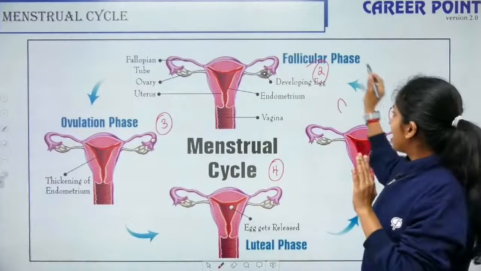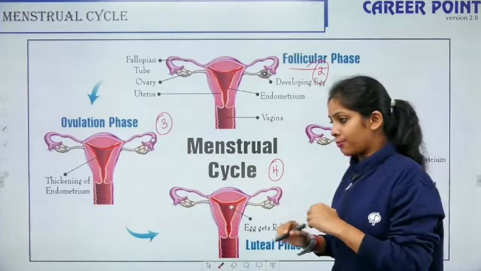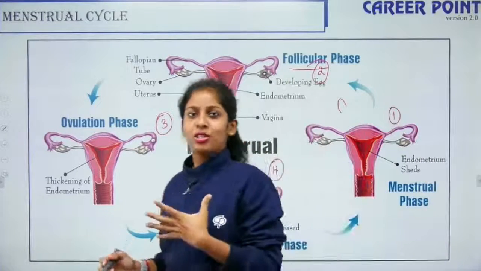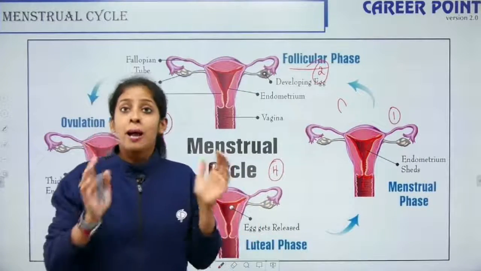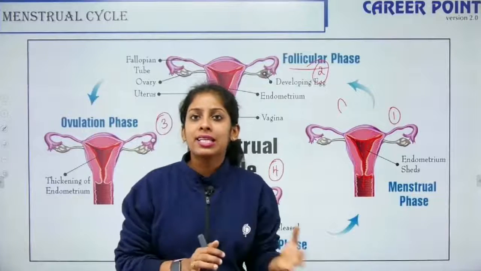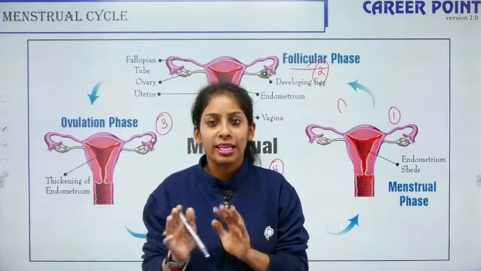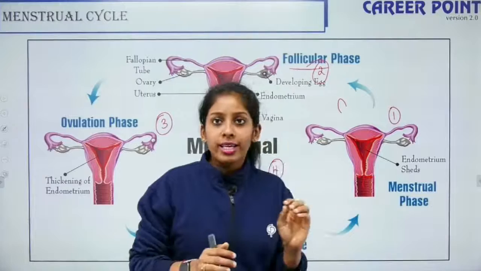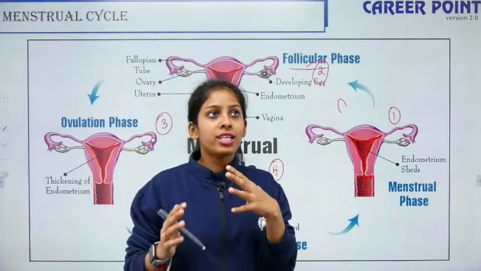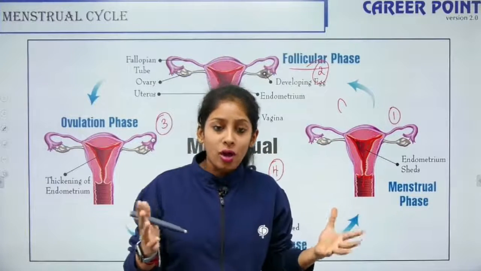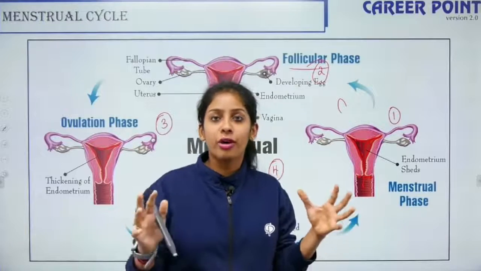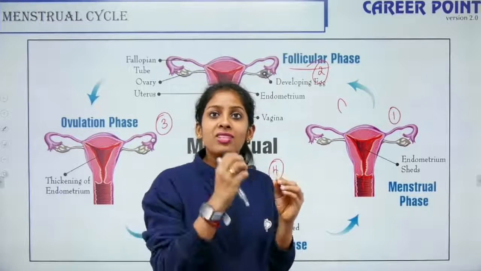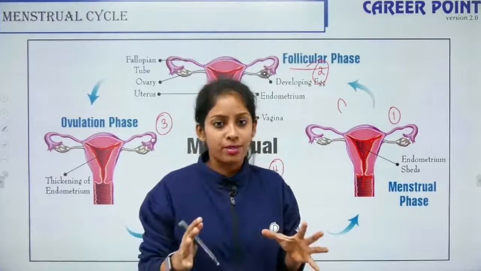Clear? Now the next phase is the follicular phase. Anything that is damaged takes time to heal, and anything that is damaged undergoes a process called healing. Your body is the most wonderful creature, because all organisms have this ability to cure or heal themselves.